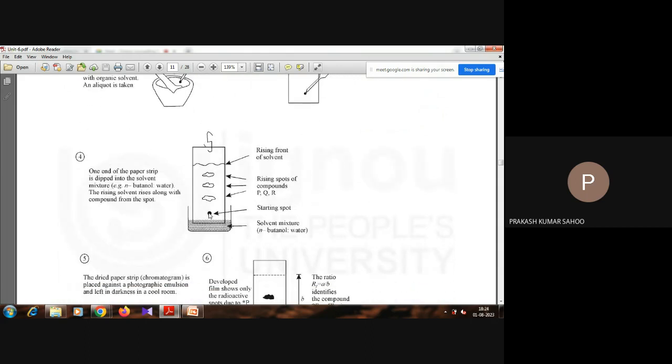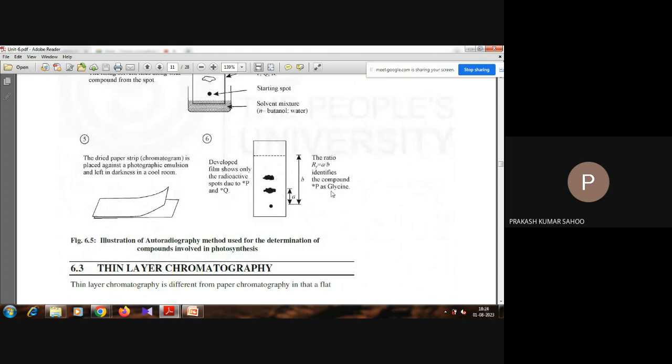In the paper chromatography, we have the solvent mixture with water, and this is the sample with different components, P, Q and R, and this is the maximum height of the solvent rise. So what is the retention factor? Retention factor will be A by B.